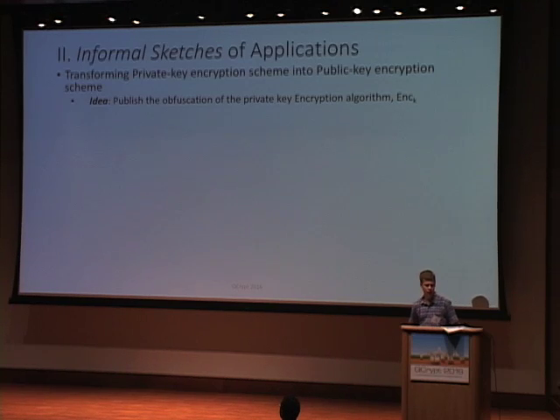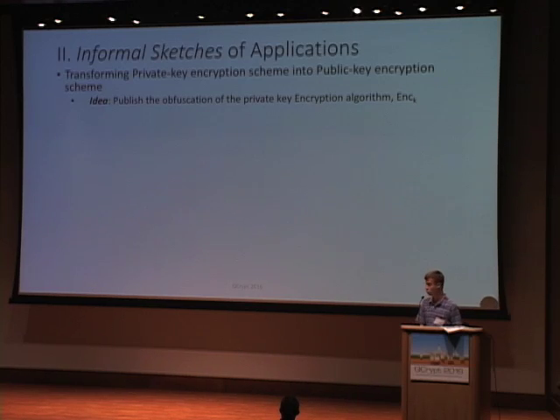So let me give you some informal sketches of applications, and I stress that there are some caveats that come with these applications that, of course, I'm not going to mention. But I think the idea should be pretty clear. First of all, one amazing thing you could do if you had a black box obfuscator is you could, in principle, transform a private key encryption scheme into a public key encryption scheme. We're used to thinking of these tasks as very different.